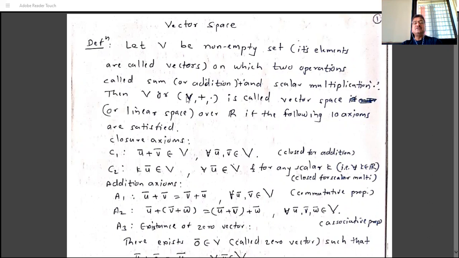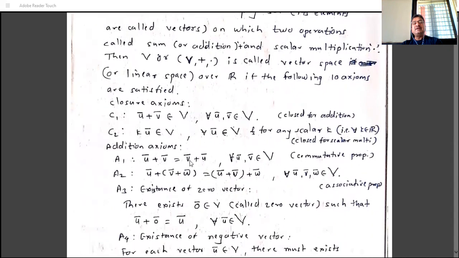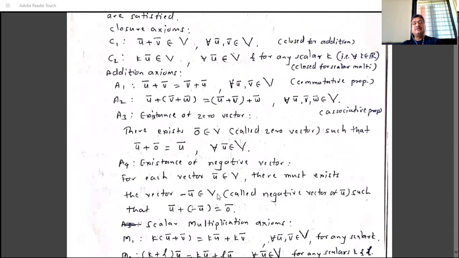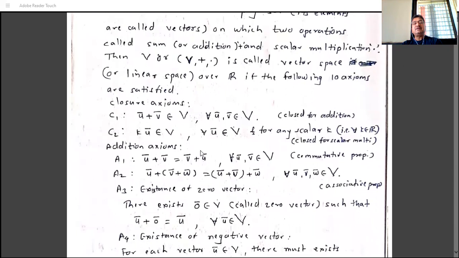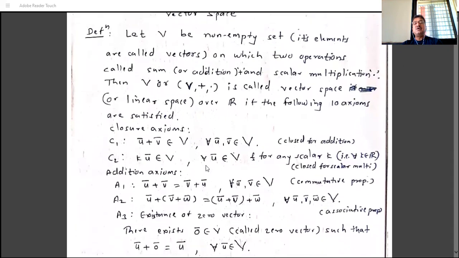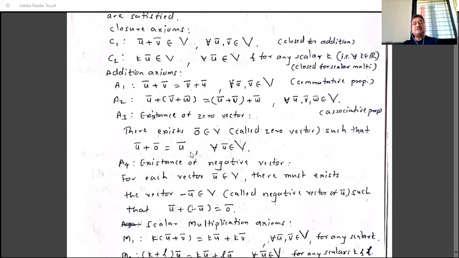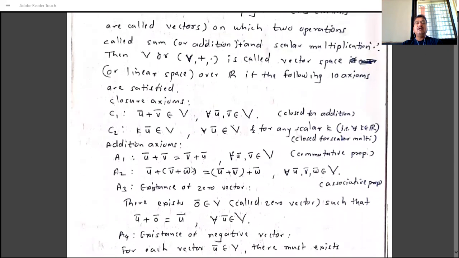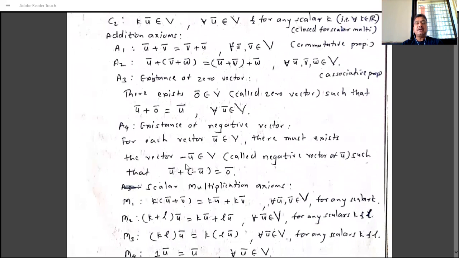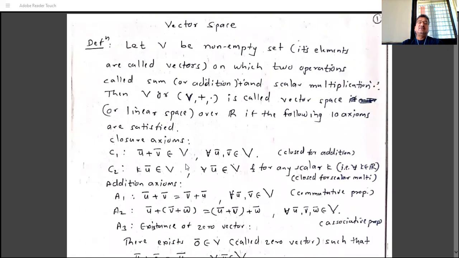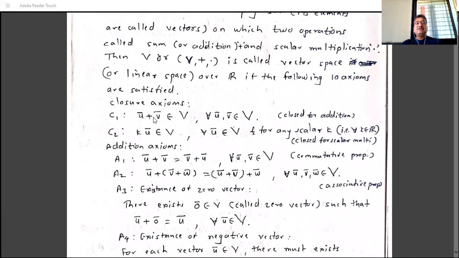A set is a vector space if it satisfies these 10 properties, but if any one out of these 10 properties fails for the set, then we say the set is not a vector space.